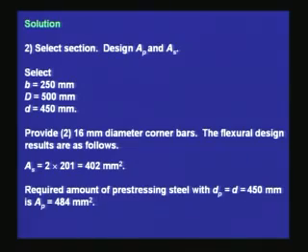This is actually a partially prestressed design where we are taking advantage of the longitudinal steel to have the flexural capacity. Based on the design, we have found that the amount of non-prestressed steel is 2 of 16 millimeter diameter bars, and the amount of prestressing steel, whose depth is considered to be the same as the effective depth of the non-prestressed steel, is 484 millimeter square.